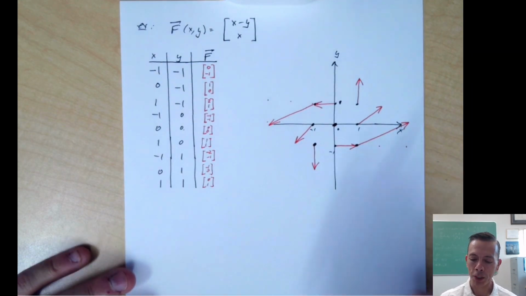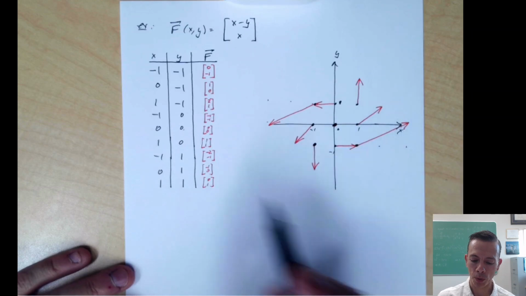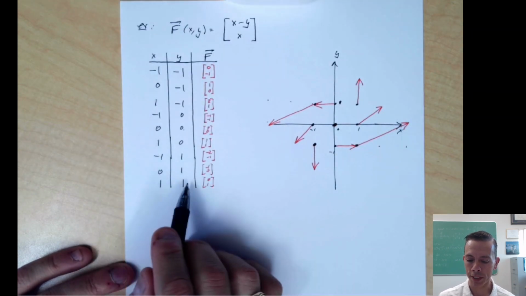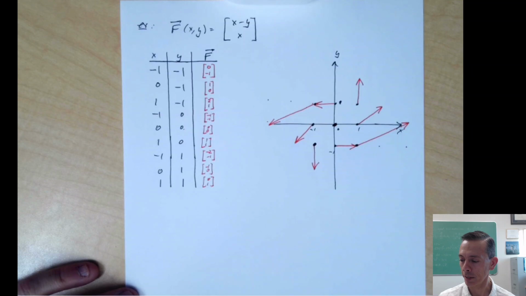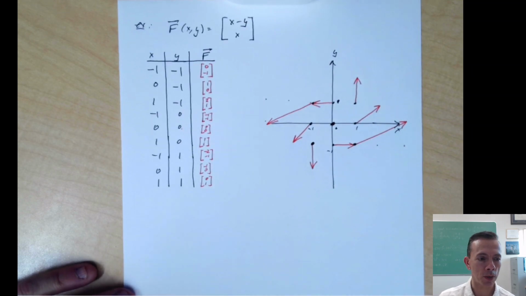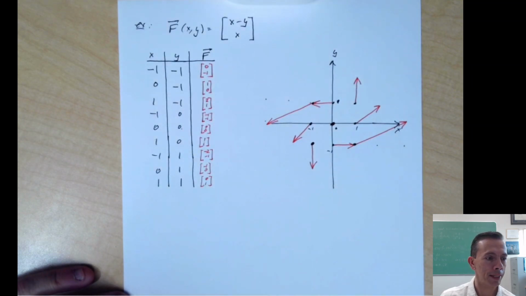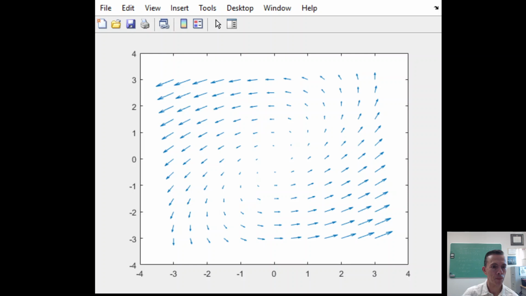So this can be done much more efficiently with a computer. A computer can take many more points than just 9 and plug these in and plot this very quickly and very efficiently. So I'm going to do that with MATLAB. And this is what it looks like. So here you have many more points, and you can see much better this rotational aspect of the vector field.